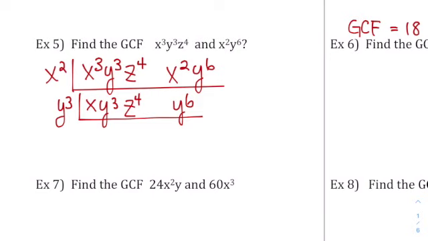It's more like division: before we distributed, and now we undistribute. So before we multiplied, now we divide. That leaves x z to the fourth, and then just y to the third. So your GCF for this one is going to be x squared times y to the third.